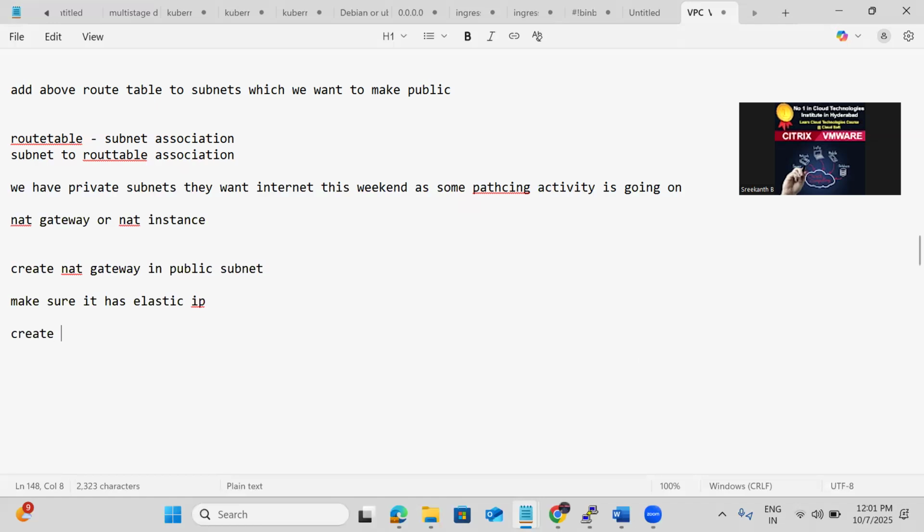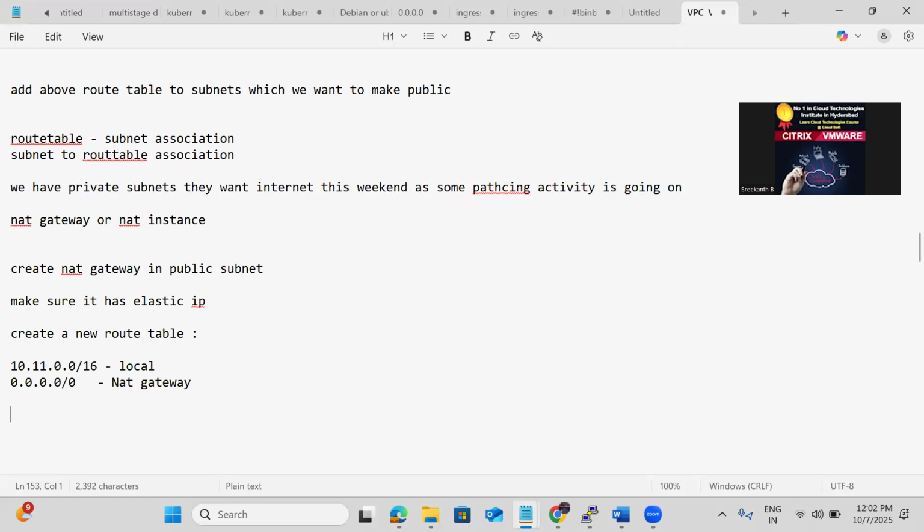Then create a new route table. In that route table, 10.11 is our VPC CIDR, and it has local, then 0.0.0.0/0. Here the NAT gateway needs to be attached, not the internet gateway.